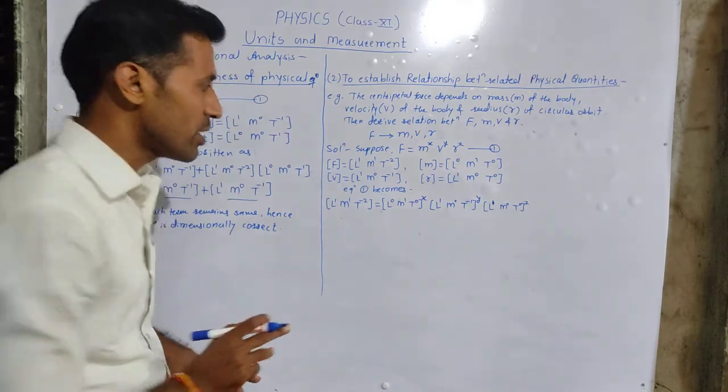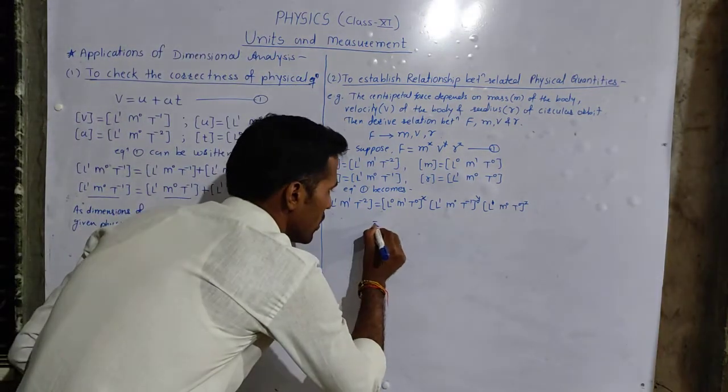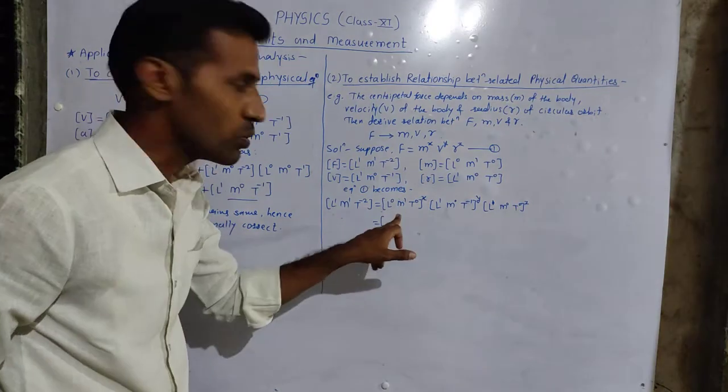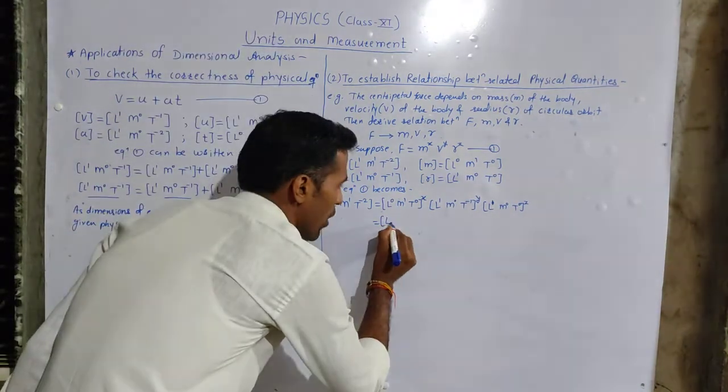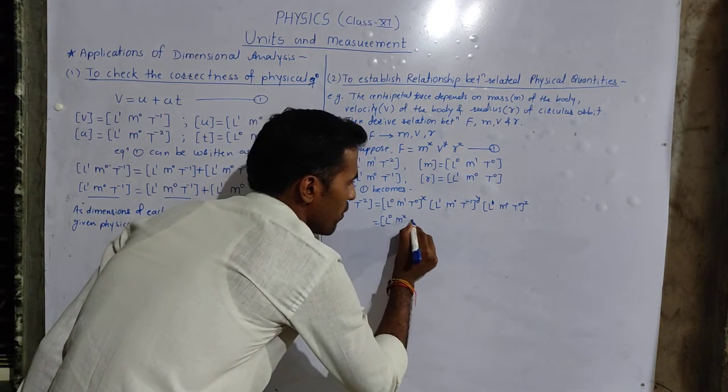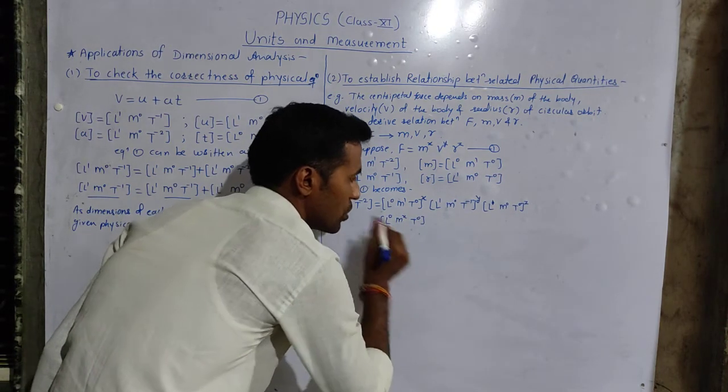Let's solve this right side. Let's multiply by x into the bracket. So power of L remains 0, power of mass is x, and power of time also remains 0.